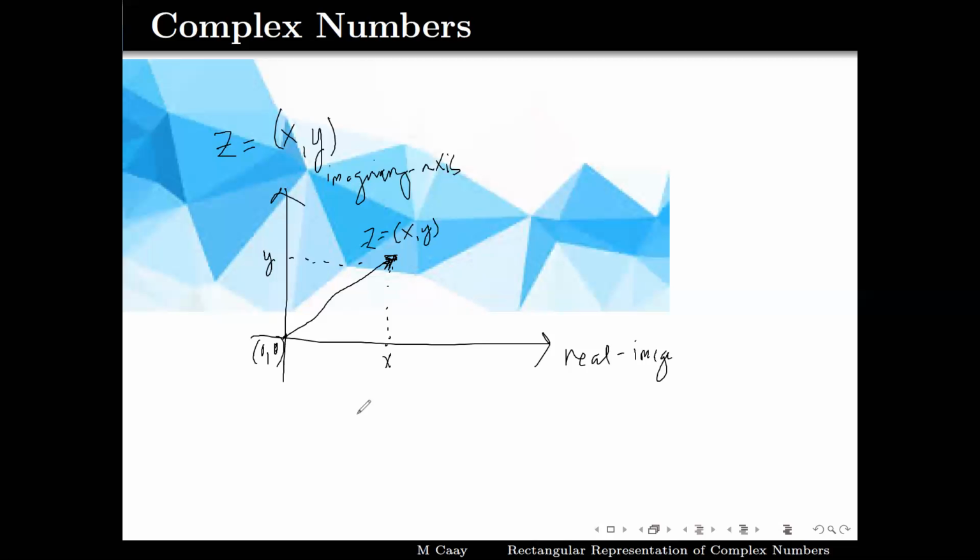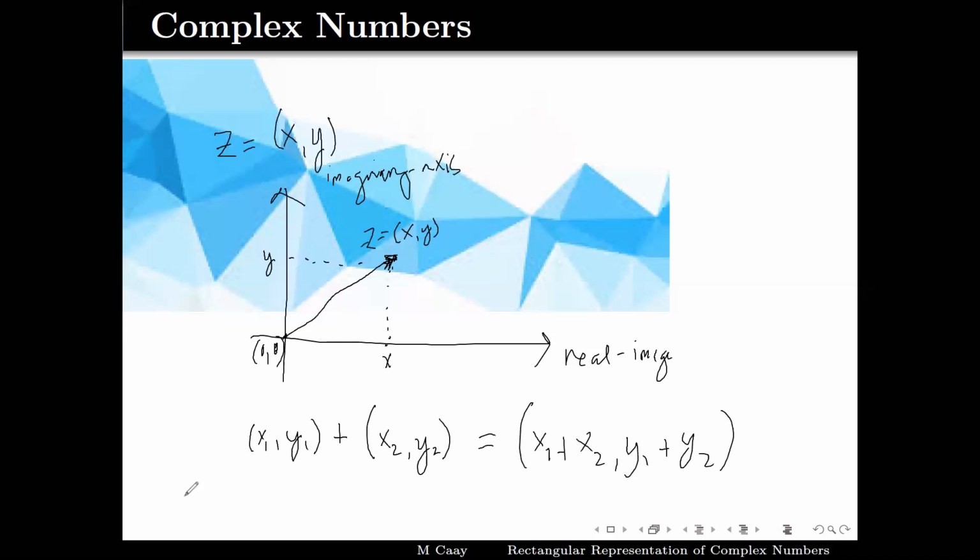Remember that from our addition in the past video, the set of complex numbers is defined with addition in this way: you just have to get the sum of the x's and y's.